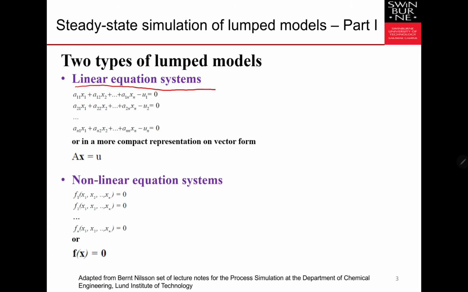If we have a linear equation system, then it can be represented in the form A multiplied by X equals U, where A is a matrix, X is a column vector, and U is a matrix of known values. Whereas the nonlinear equation system can be expressed in terms of F1, F2, Fn, and then in simplified form as f of x equals 0. F here represents a certain function.